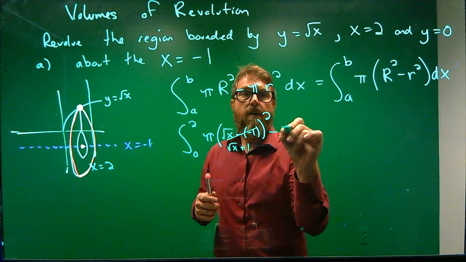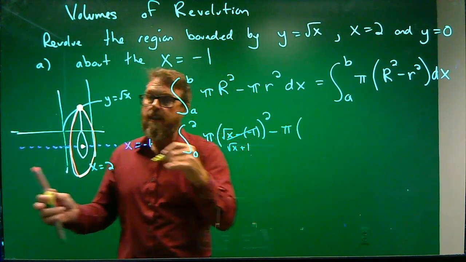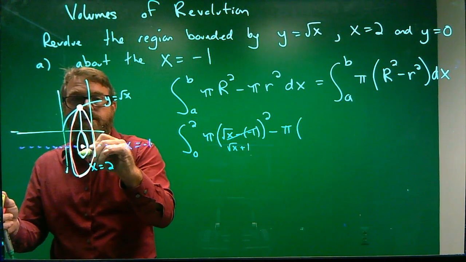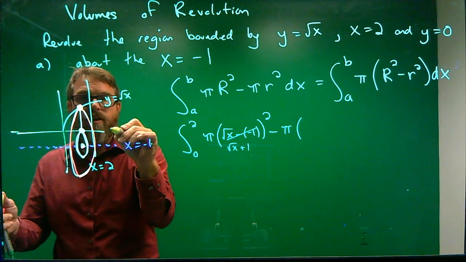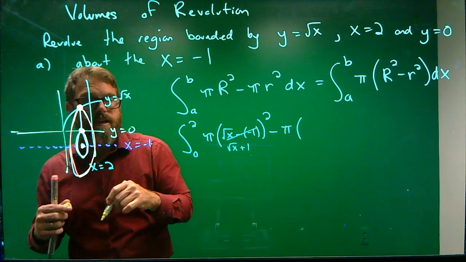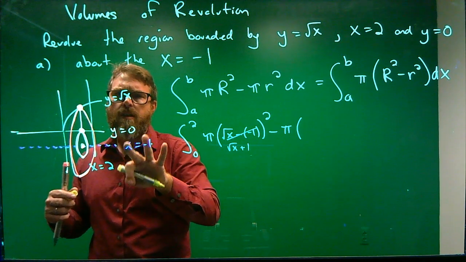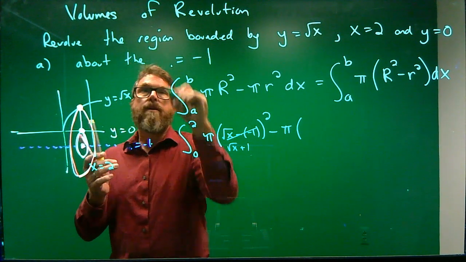And then minus pi times, well, we have to find this disk here. This disk is going to be this dot minus this dot. Now this dot was y equals 0, and this dot is still a negative, sorry, should be y equals -1. I'm sure you guys are screaming about that.